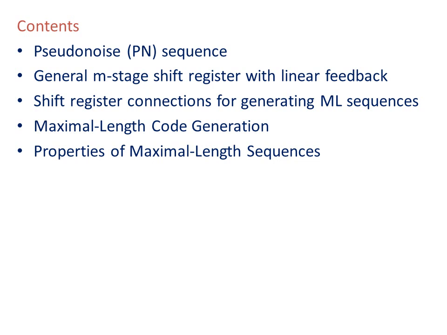Mainly we have three properties: the first one is balance property, the second one is run property, and the third one is correlation property. We'll be discussing all these properties in detail here. And at last we'll be solving one problem related to properties of maximum length sequences.